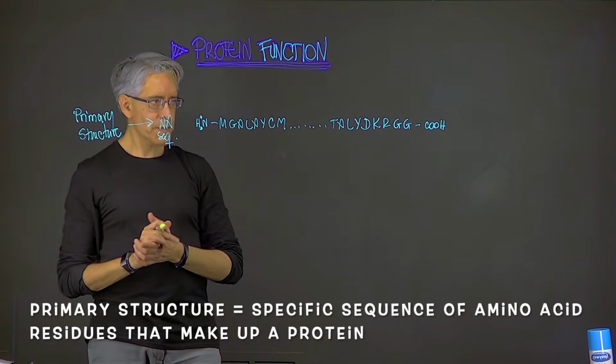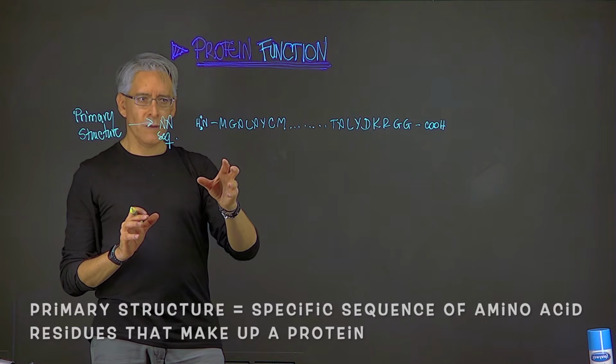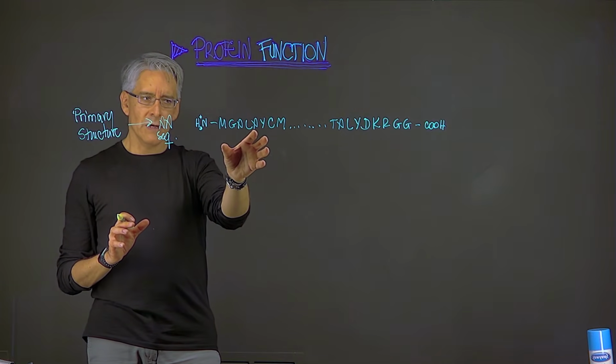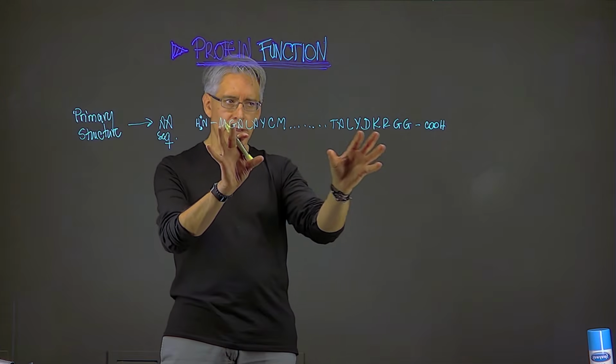of the protein. Now, the secondary structure of the protein will be the specific shapes that will be adopted by specific subregions within the protein.